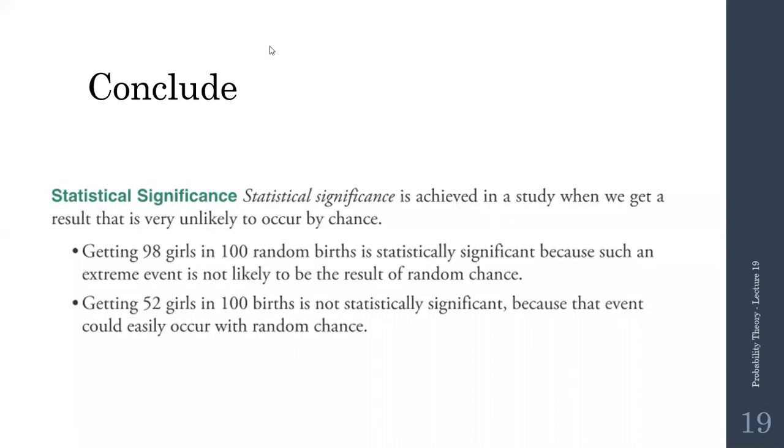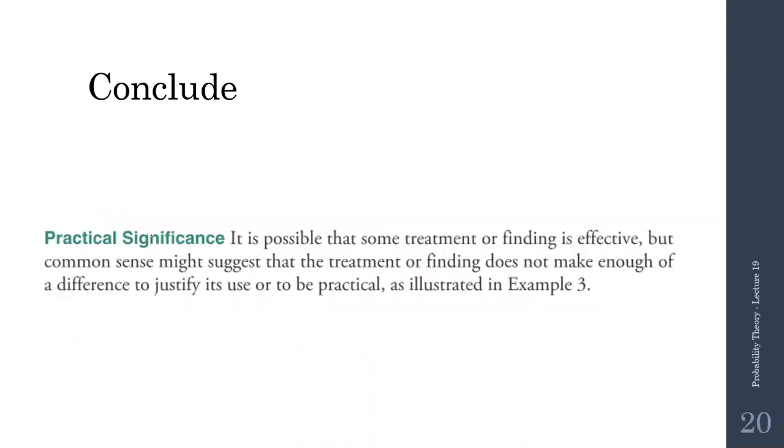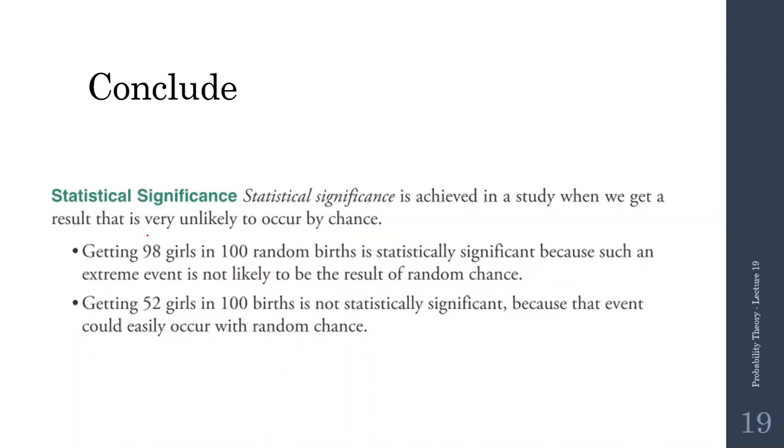For example, getting 98 girls in 100 random births is statistically significant because such an extreme event is not likely to be the result of random chance.